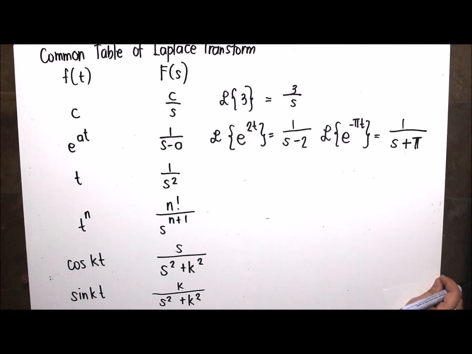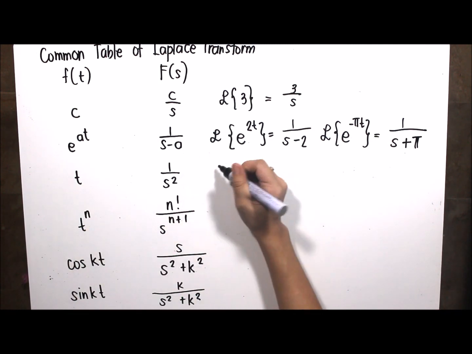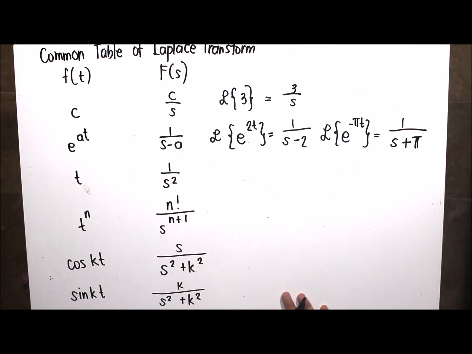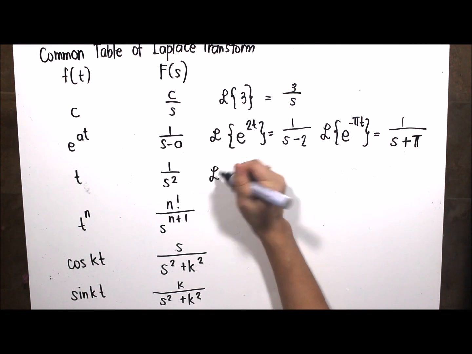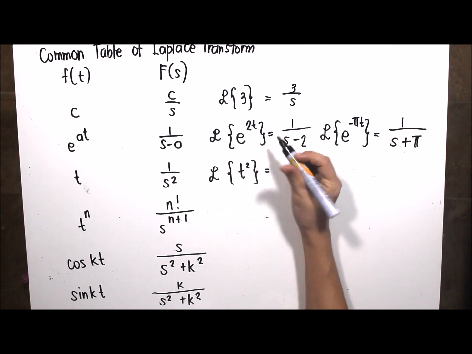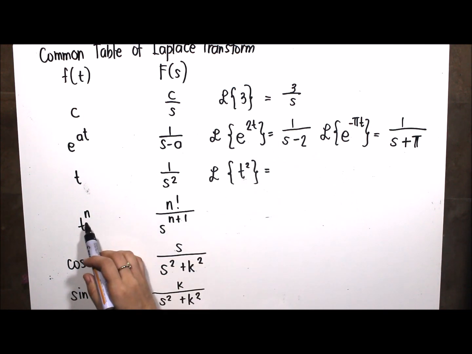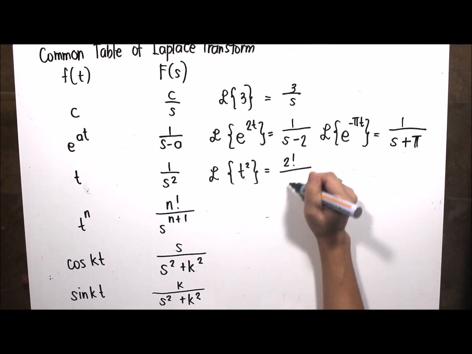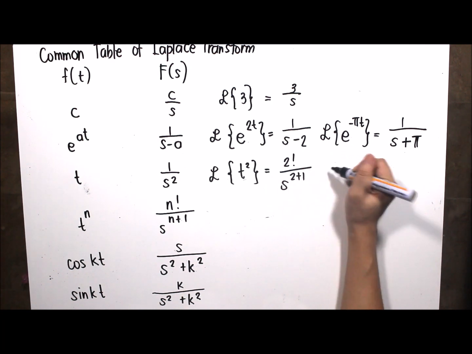And this is direct: the Laplace transform of t is of course 1 all over s squared. But if we are asked for the Laplace transform of t squared, we apply this formula. That will be 2 factorial all over s raised to 2 plus 1.